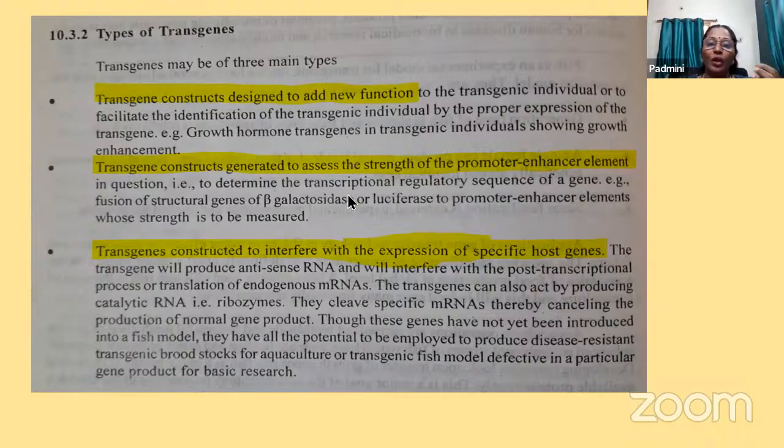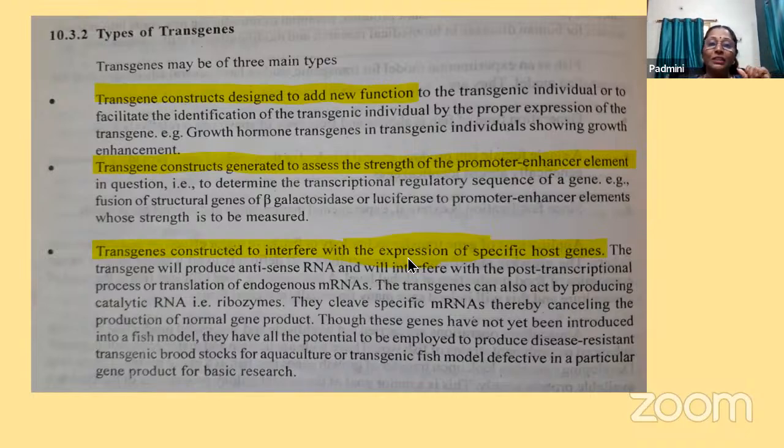So when you're inserting a gene of your interest, you want to know how well that promoter enhancer can do. Here we are talking about beta galactosidase as an enhancer, and how good this enhancer is at enhancing that particular gene for that particular character.